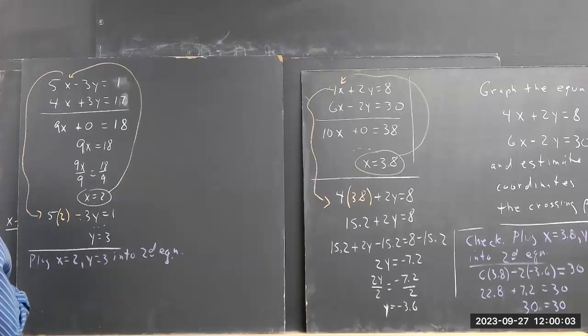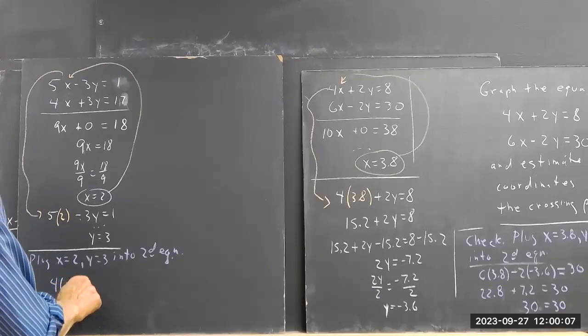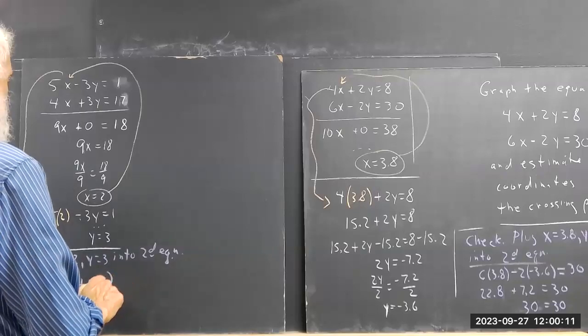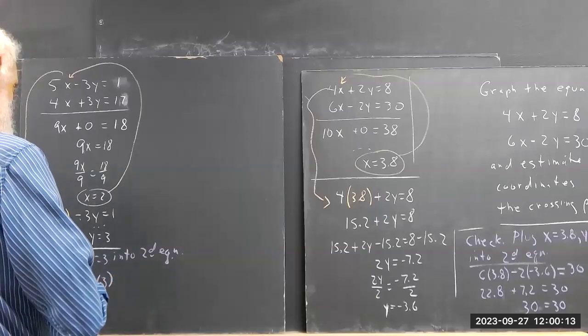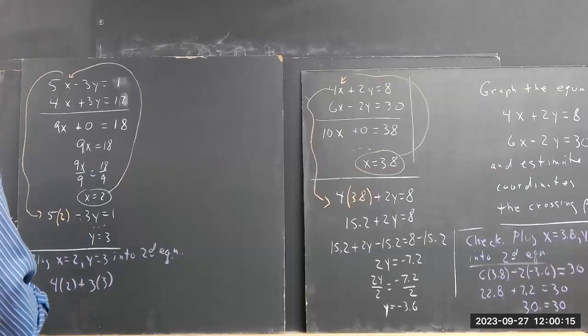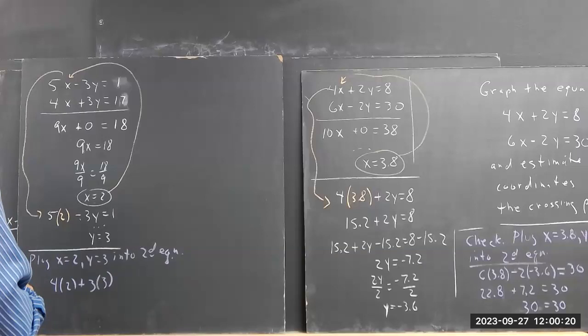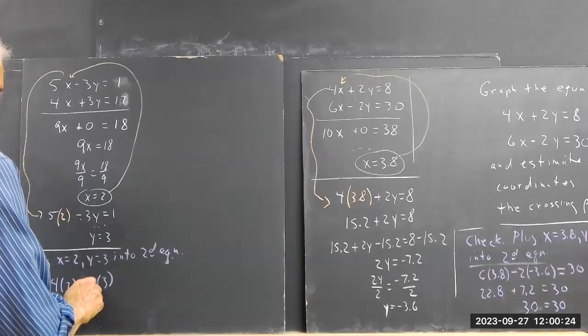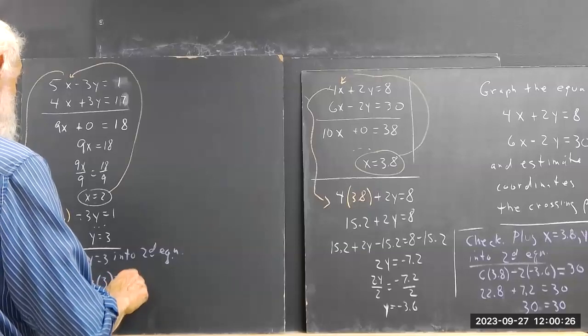So what we get now is 4 times 2 minus 3 times 3. It's minus. Okay. Minus 3 times 3 is 1.